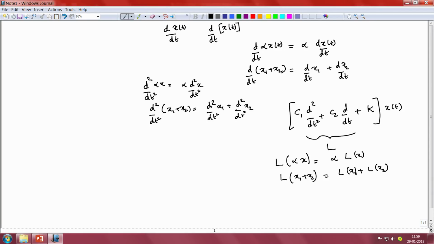Now having come across a range of different operators that satisfy additivity and homogeneity, let us now define all these operators that satisfy additivity and homogeneity as linear operators.